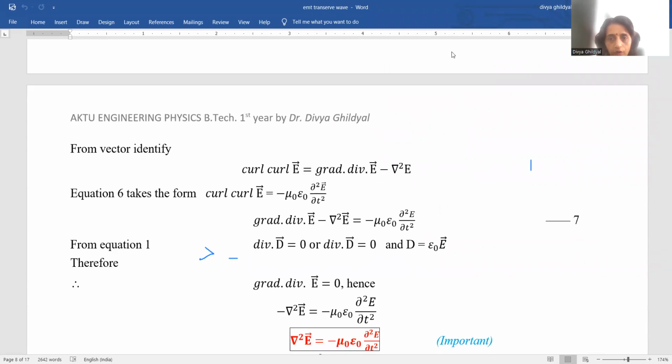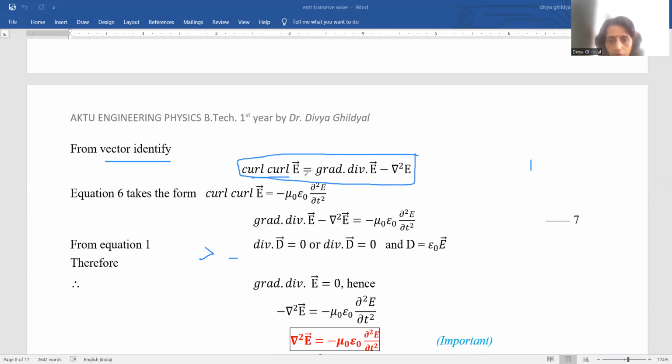Next step, from the very famous mathematical vector identity, curl of curl E is equal to gradient divergence E minus del 2E. See, this is a formula of mathematics in vector calculus. It has got nothing to do with you deriving it, so you just have to memorize it.